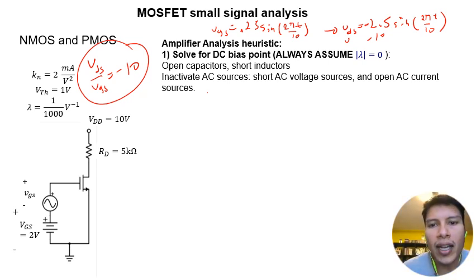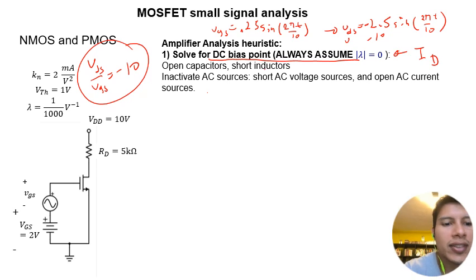Okay, so as our first step, we need to figure out what our DC bias point is, or what capital ID is. And so to do that, we need to open capacitors and short inductors. Well, there's no capacitors or inductors in this circuit, so we don't have to do anything. And then we need to inactivate AC sources, which means we're going to assume 0 volts across our small signal source.